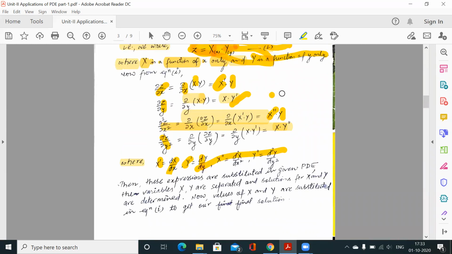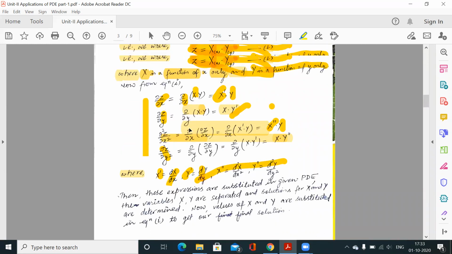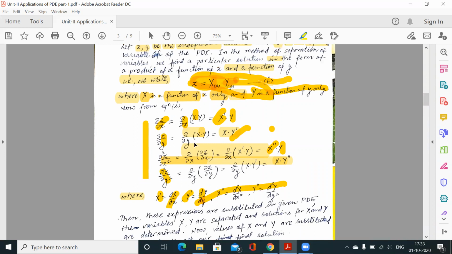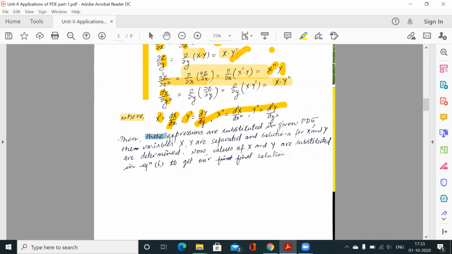Now we have calculated the derivatives. Now this z and these derivatives we have to substitute in the given PDE. Whenever you substitute the values of the derivatives and z in the given PDE, the obtained equation will be separated in x and y.